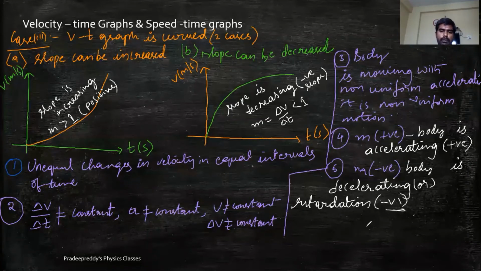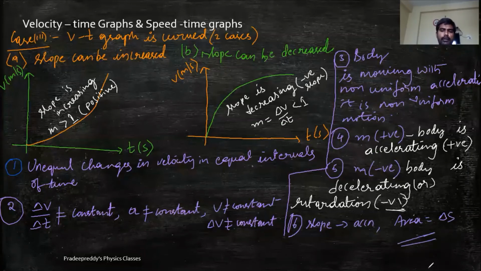So that is how you can get the information of velocity as well as acceleration from this particular graph. And don't forget that it is VT graph. Slope, if you calculate, you will get acceleration. Area, if you calculate, you will get displacement.